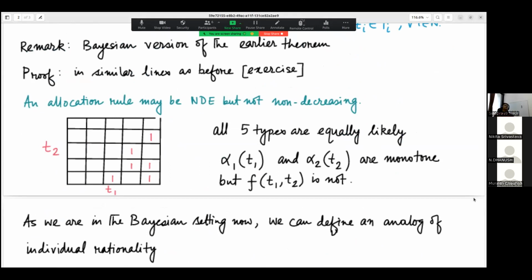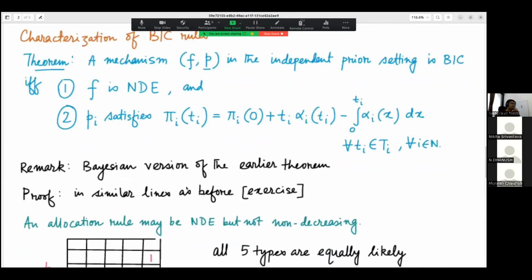However, the last part was that the allocation is not non-decreasing, since for T2 belonging to 1/5 to 2/5, agent 1's allocation decreases from 1 to 0. For some reason, I cannot get that settled in my mind. Okay, so let's discuss this. I think this is a good example.